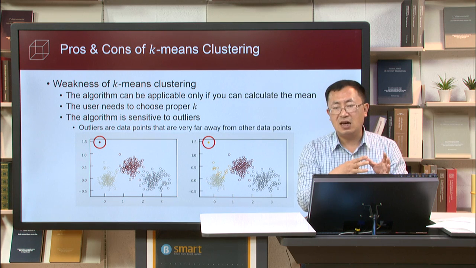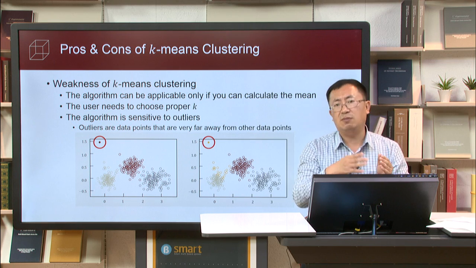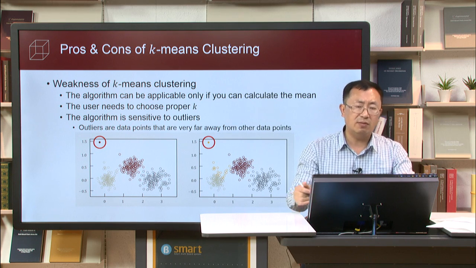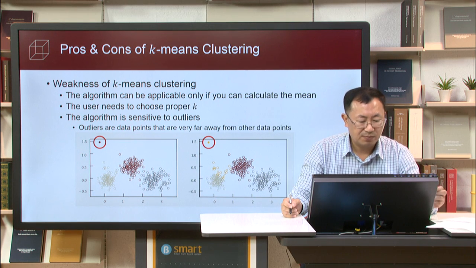If you cannot calculate the mean, you cannot calculate the new centroid, so you cannot proceed with the algorithm.